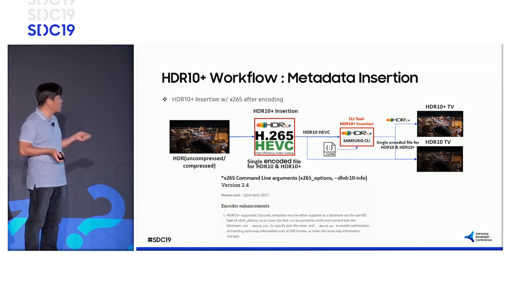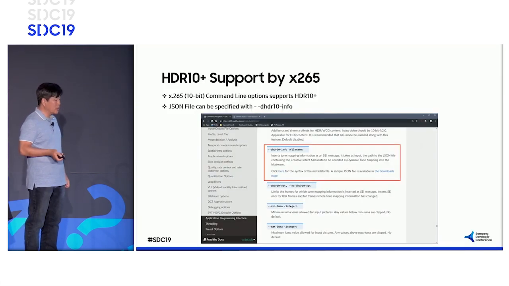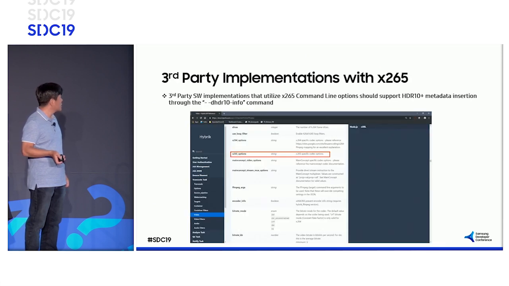Now x265 fully supports HDR10 Plus, because we contributed that and collaborated with MCW, the company. This is one example, HDR10 Plus in x265, and also HyperX, because they use the HDR10 Plus x265 technology for their server solutions.